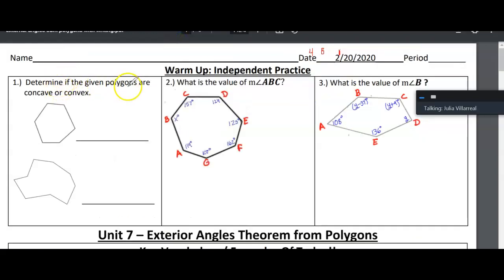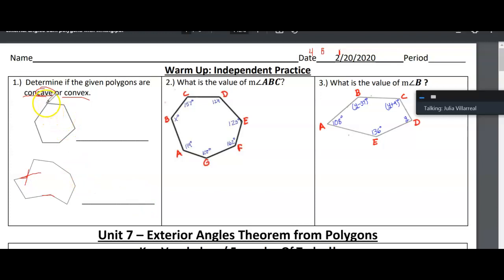All right, so determine if the given polygons are concave or convex. Remember those two words? Concave meant with the dent in it. So go ahead and write concave or convex on both of these right here. Okay, good. This one has a cave on it, right here and here. Do you see how the dent is? If I extend this line, it travels inside, so that means it's concave.